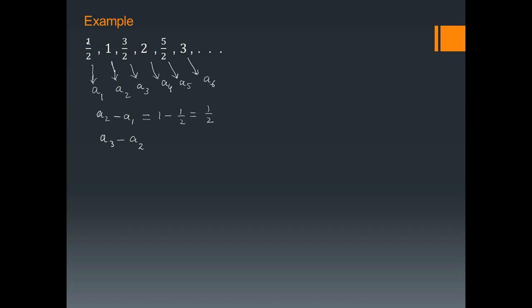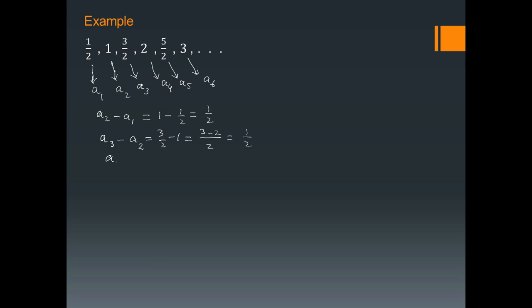This is the second term, this is the first term. And now third term minus second term. This is the third term and this is the second term. So 3 by 2 minus 1. What is the answer? 3 minus 2 is 1, so 1 by 2.